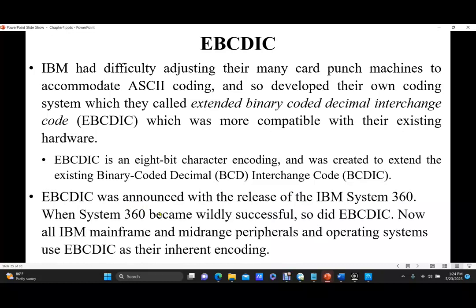EBCDIC was announced with the release of the IBM System 360. When System 360 became wildly successful, so did EBCDIC. All IBM mainframe and mid-range computers and peripherals and operating systems use EBCDIC as their inherent coding.